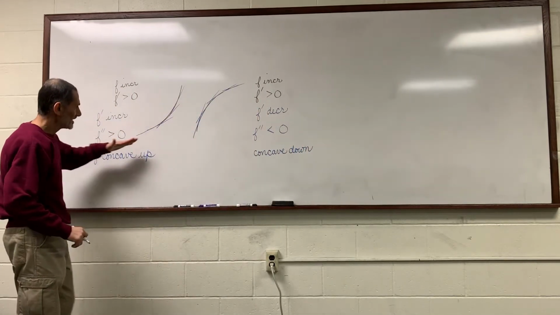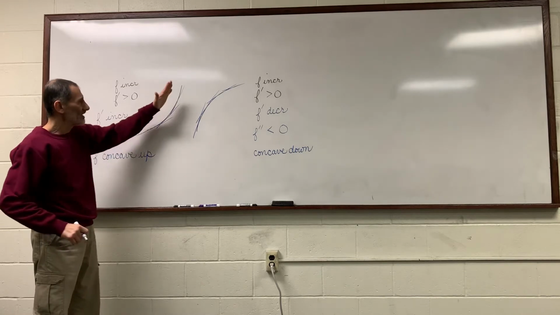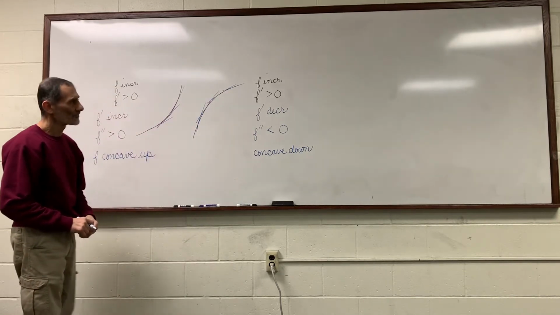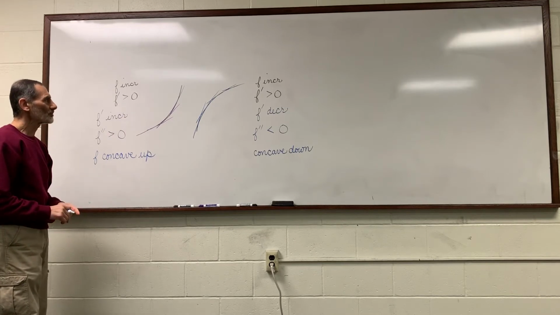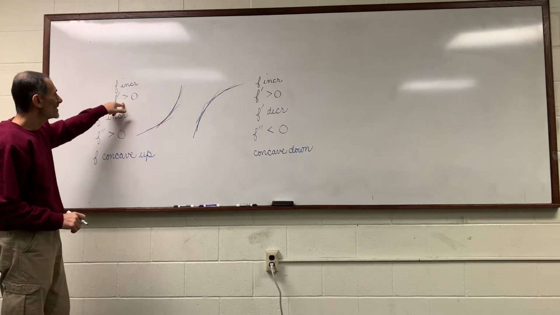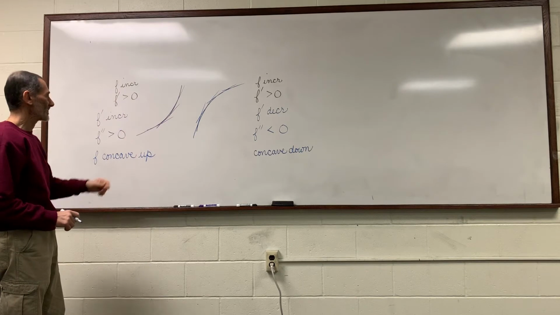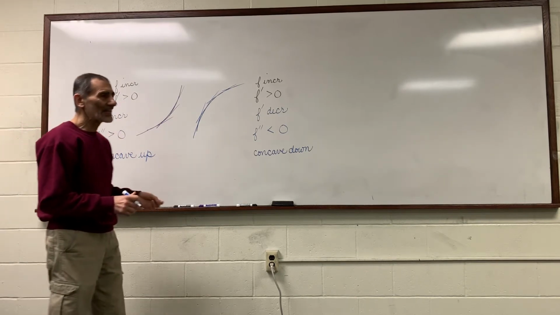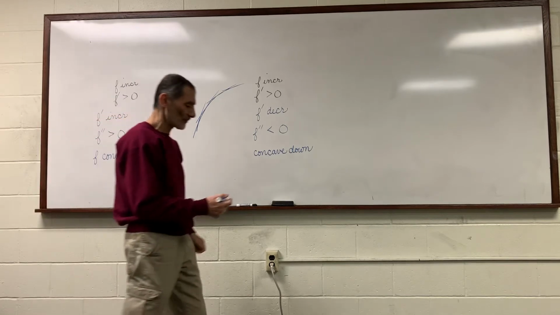And you can see that the concavity is in an upward direction here, in a downward direction here. The same things apply whether the function is increasing or decreasing, whether the first derivative is positive or negative. The second derivative is not dependent upon the first derivative.